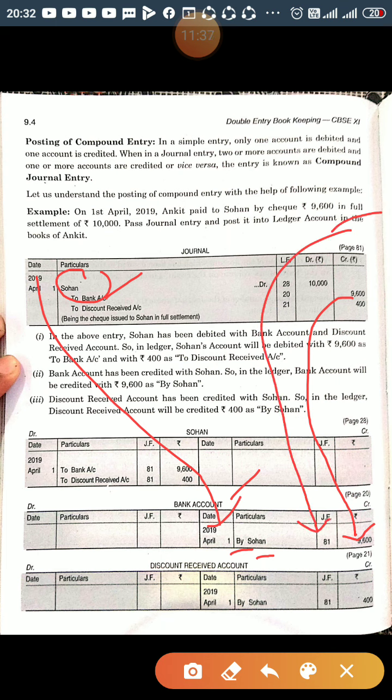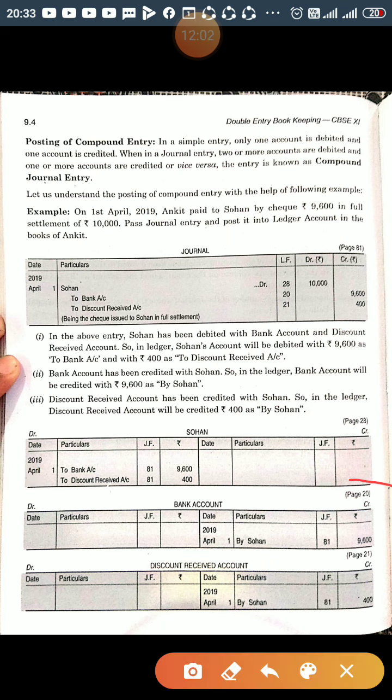Generally in the question the page number is not given, but here it is. And suppose Sohan account was opened in the ledger, page number is 28, so you will put it here, 28.